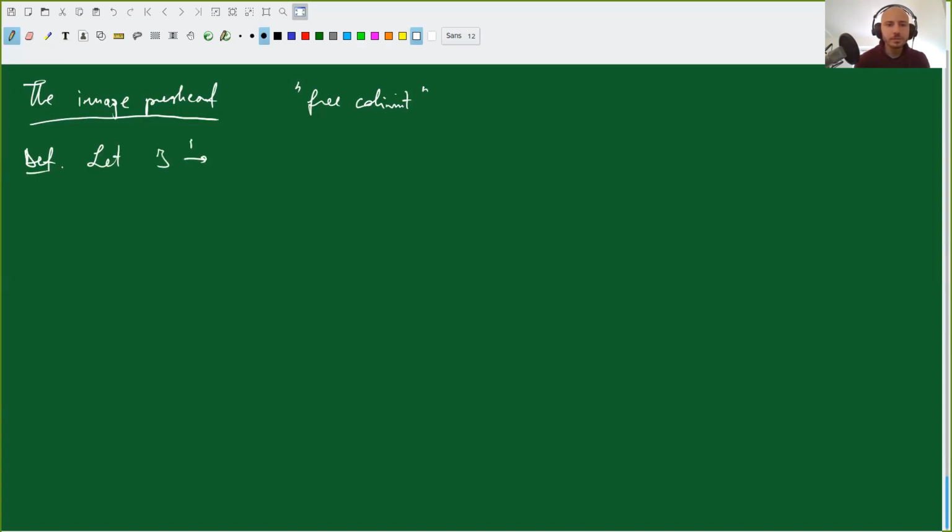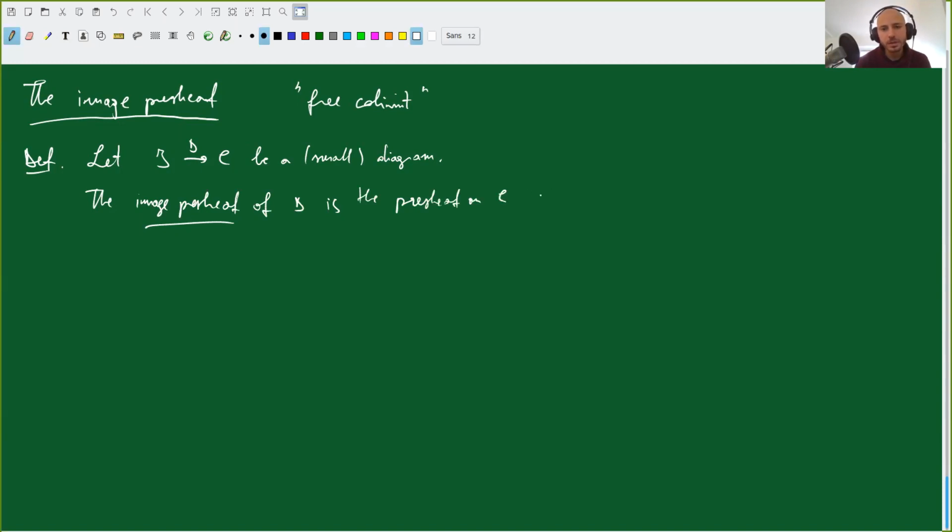Let D be a diagram, a small diagram. I mean, I has to be small, not C. The image presheaf of D is the presheaf on C given by, and we have several equivalent characterizations.